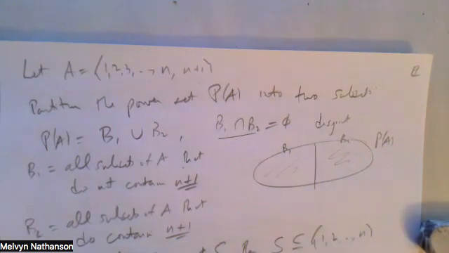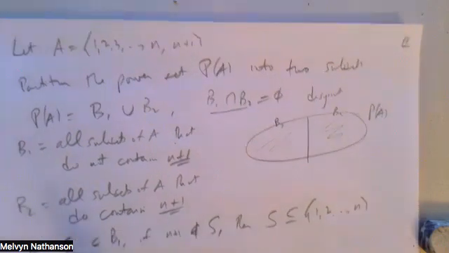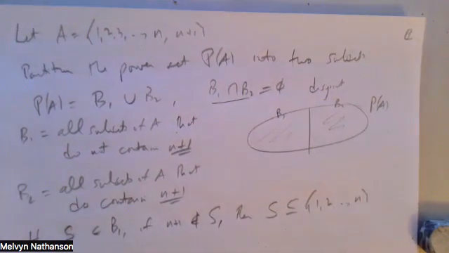Because S is a subset of the numbers from 1 to n plus 1, but it doesn't contain n plus 1. So S is a subset of the numbers from 1 to n.